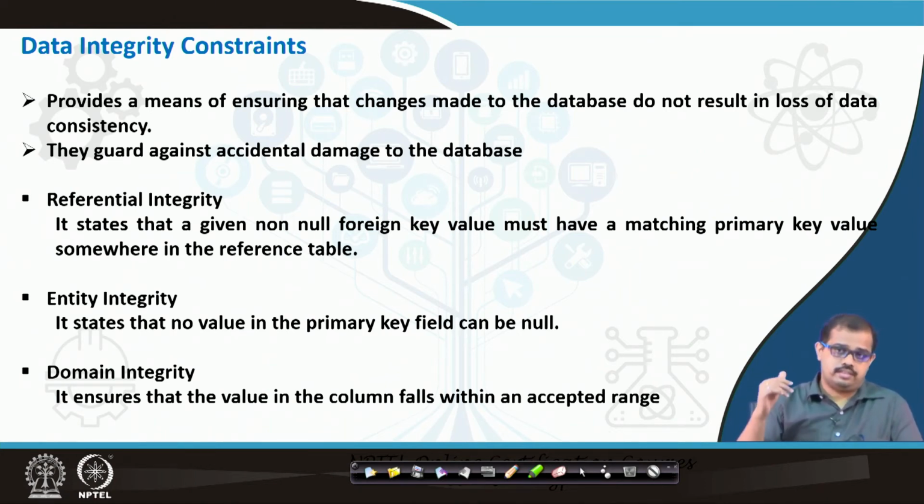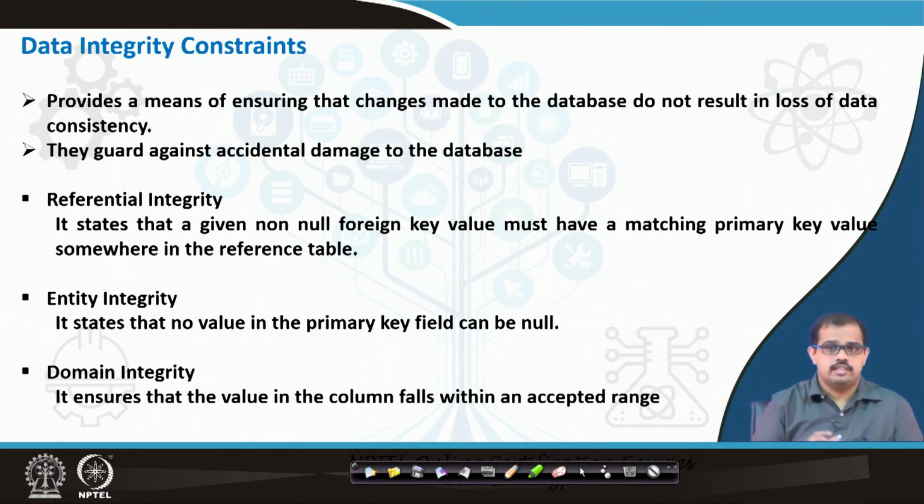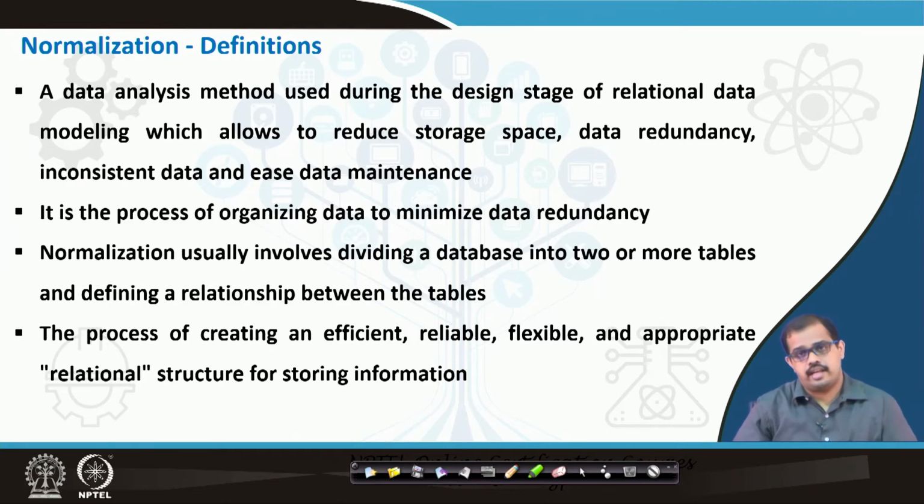So it has to be maintained in a proper way. That is what is called domain integrity, maintaining the domain knowledge in terms of the range of values that can be entered. It can be both qualitative or quantitative. I just gave an example of NDVI. So these are the different data integrity constraints that are there.